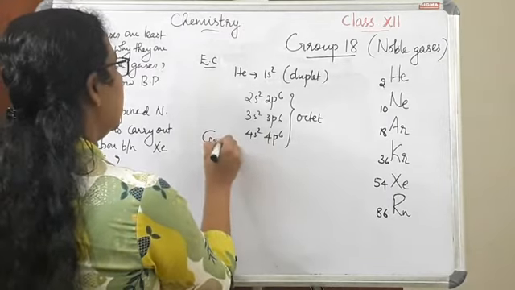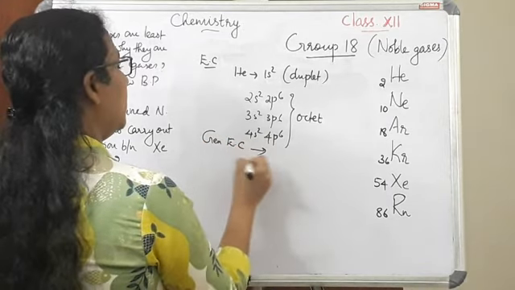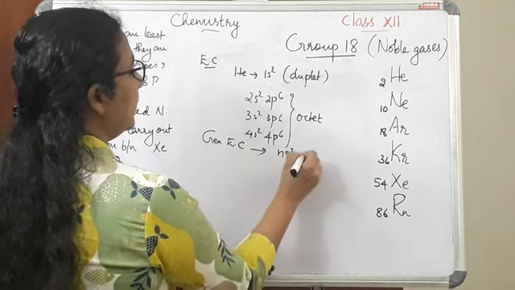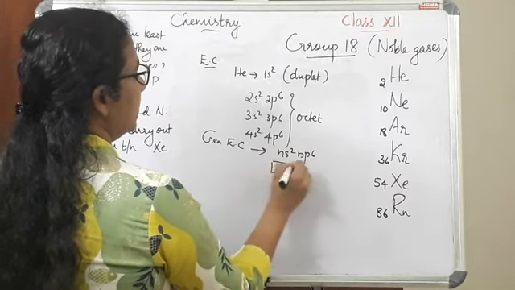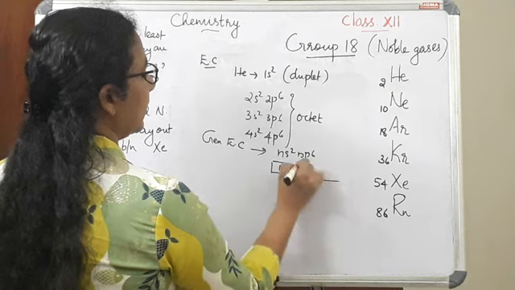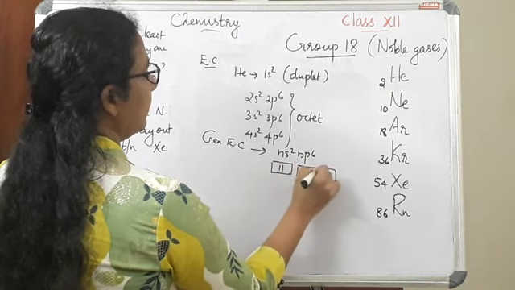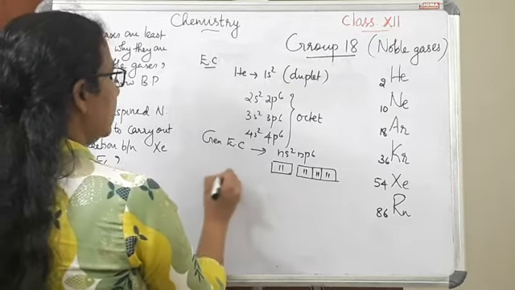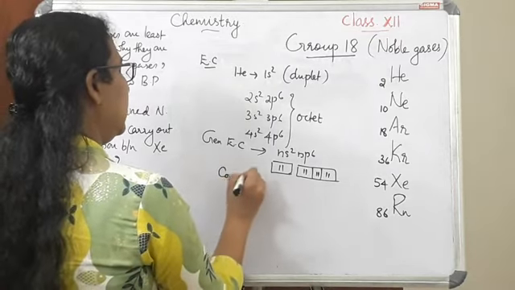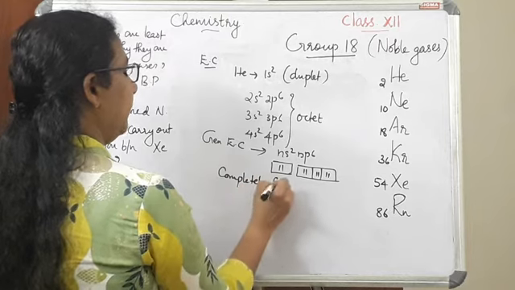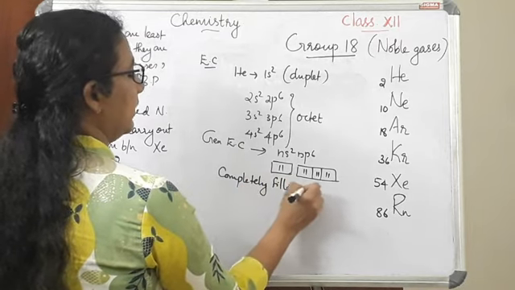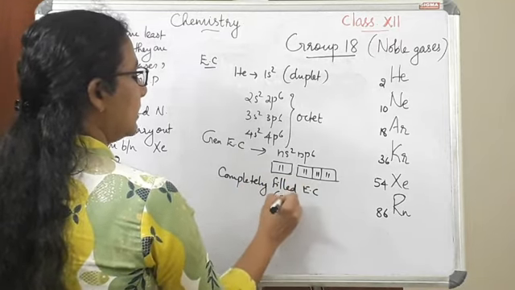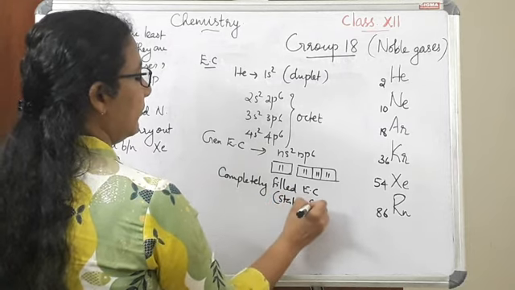So the general electronic configuration of group 18 is ns2 np6. This is a completely filled, stable electronic configuration.